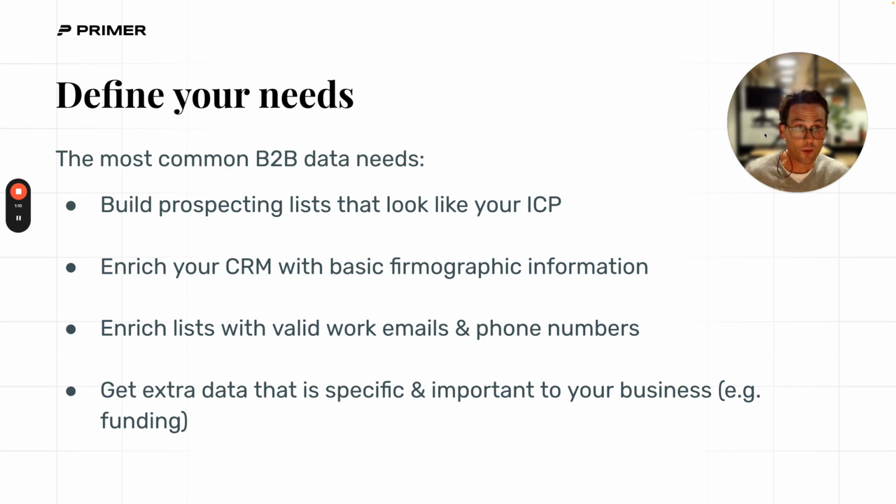That could be technographic information of companies you integrate into. It could be things like funding if you're going after startups. There's a long list of what I would call niche data columns that might be highly relevant to you in terms of qualifying or scoring your top accounts, but that maybe the base data provider might not have.